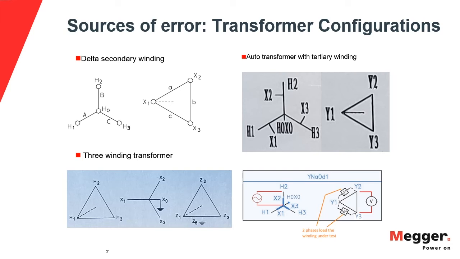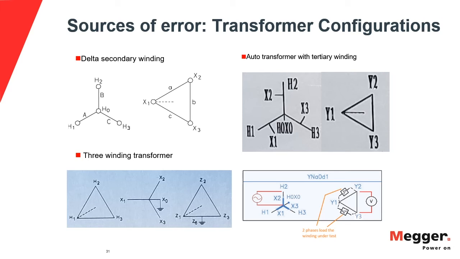Now we know that three-phase energization is better because it helps me get more accurate results when I have a delta on the secondary side where I'm measuring the induced voltage. Or what if I have a phase shifting transformer, an auto transformer?